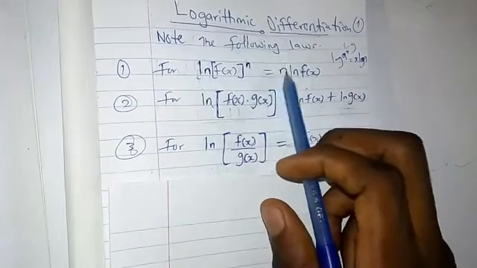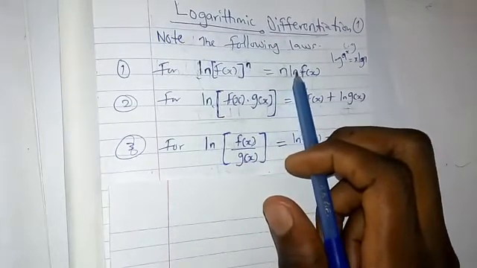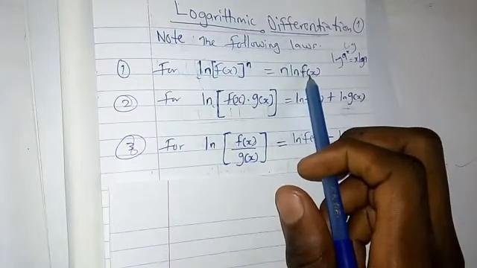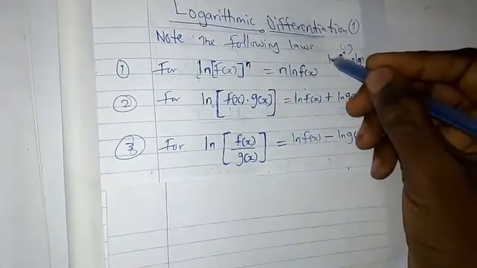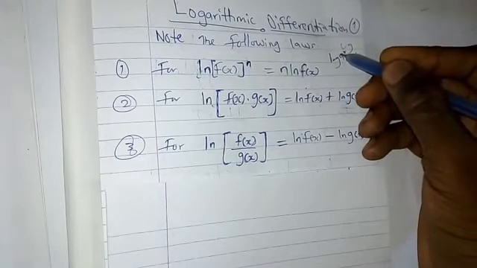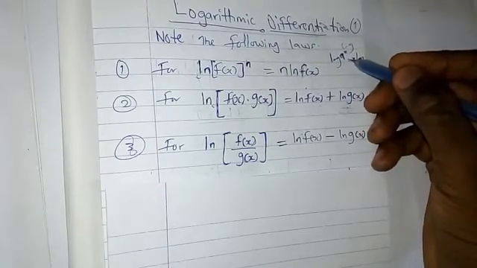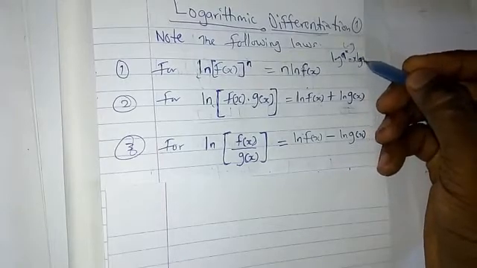Here you bring down n, multiply by natural log of f of x. So just the normal rule from log: when we're having log a raised to power of x, it will be equal to x log of a.